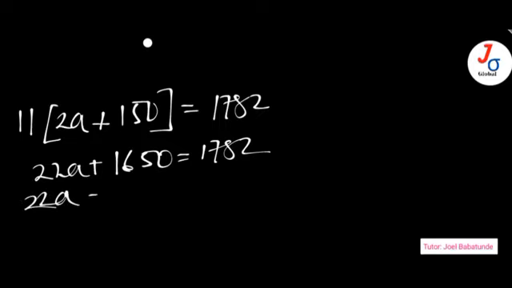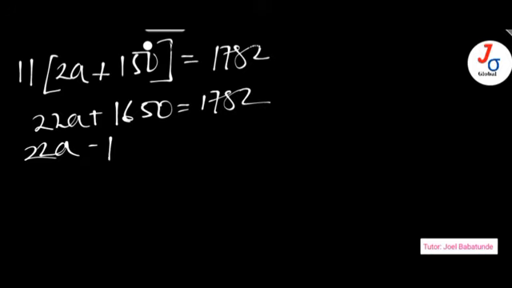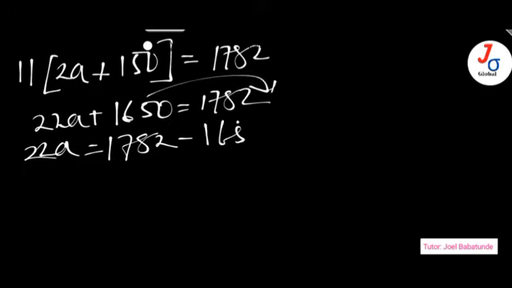So 22A equals 1782 minus, bring this here, 1650.